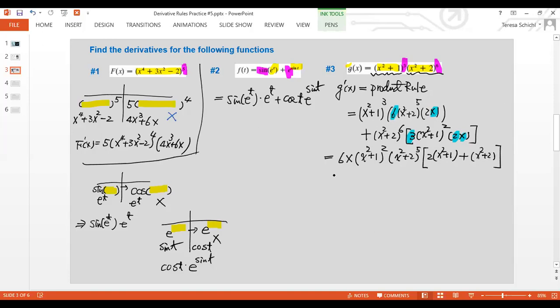Now if you combine that, the final answer will be 6x times x squared plus 1 squared, times x squared plus 2 to the 5th, times the combined bracket. Combining 2x squared and x squared will give you 3x squared plus 4. So you kind of combined a little bit here, okay?